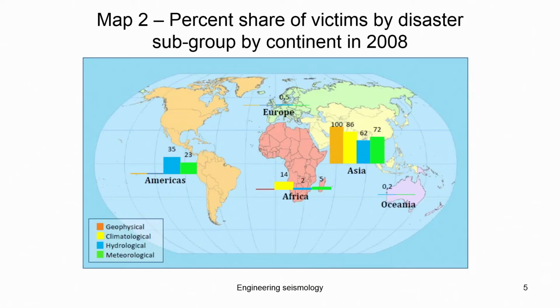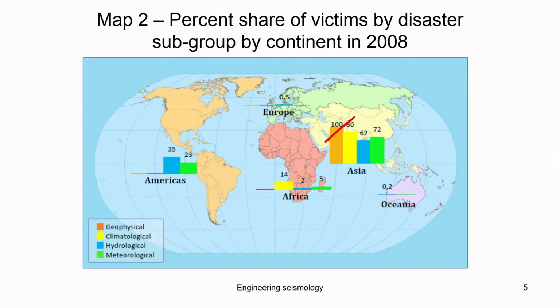This is the number of people who die with respect to each hazard type. You can see that 56% of geophysical hazards all over the continents are in Asia.